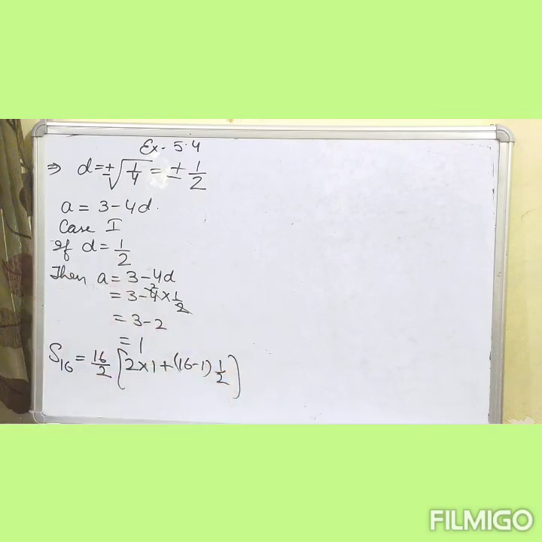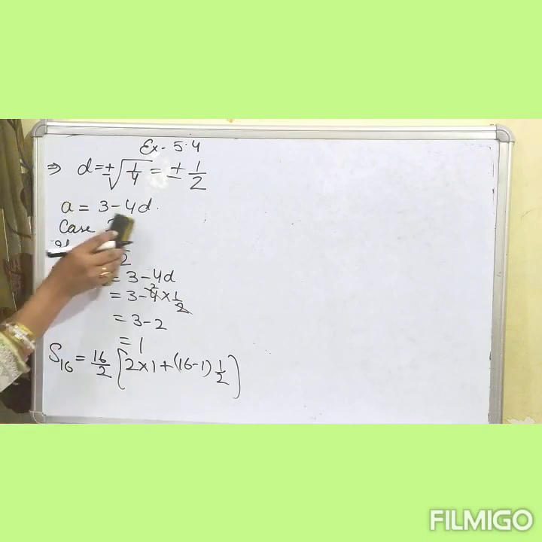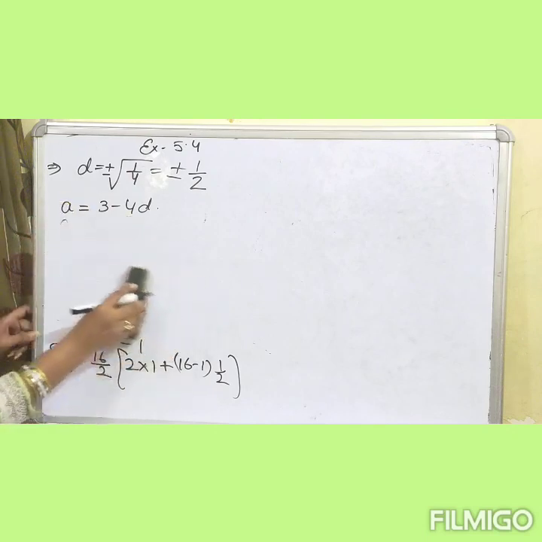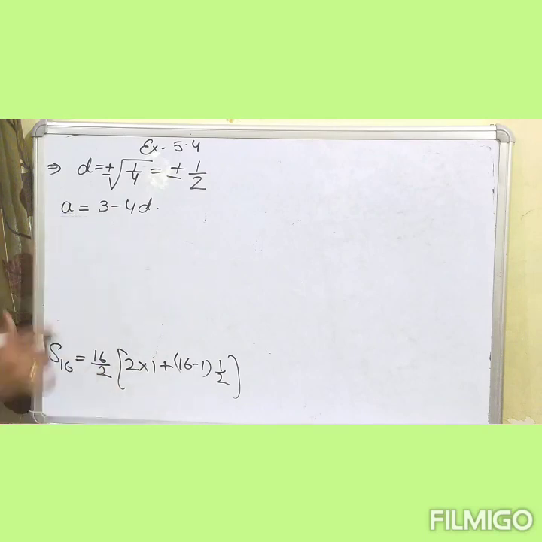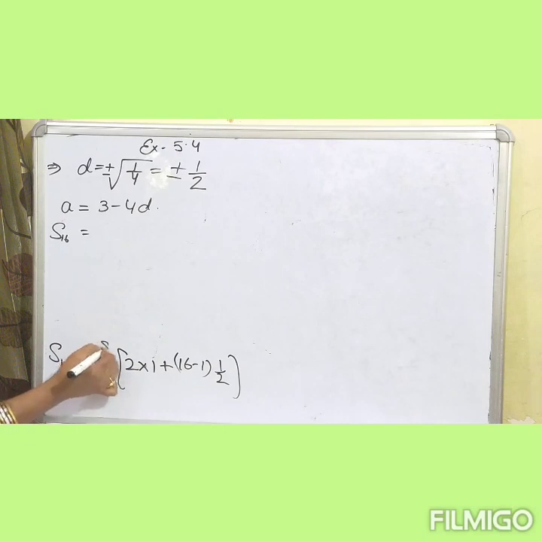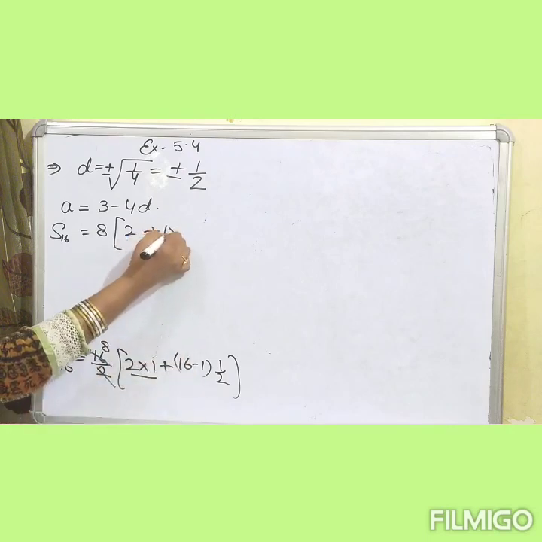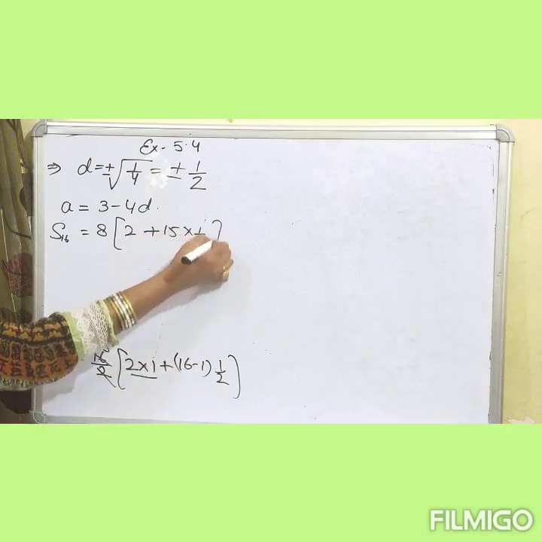So what will it be? It will be equal to 8 into 2 into 1, 2, plus 16 minus 1 is 15 into 1 by 2.